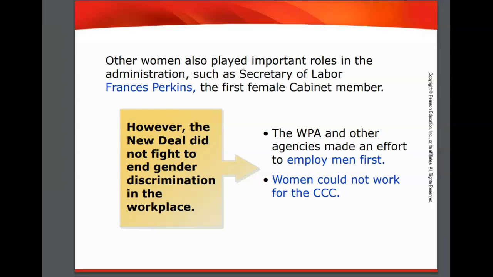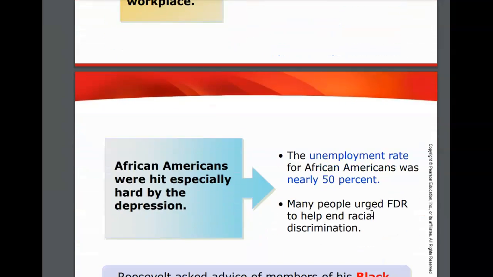So as monumental as many of these New Deal programs were, there was still plenty of gender discrimination in the workplace as it existed. All right. So keep that in mind. The New Deal did not end gender discrimination, but Roosevelt was the first president to appoint a female to a cabinet level position, Secretary of Labor, Frances Perkins.